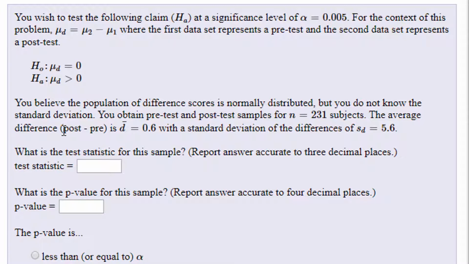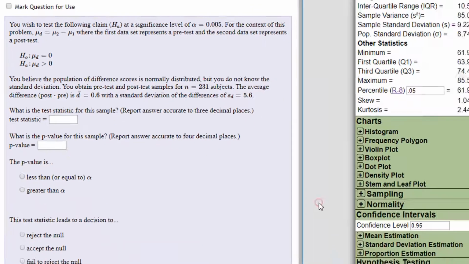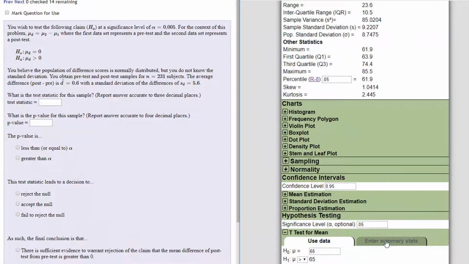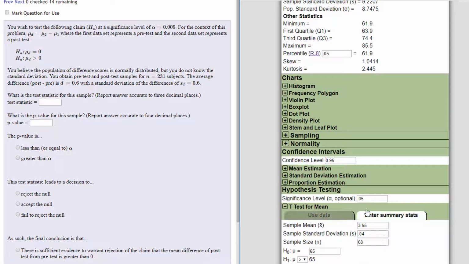So when you're doing inference on these differences, even though you have before and after, we're taking the after minus the before, and that gives us the difference. That's the change. We're really just going to be doing one sample inference on the change. And so I'm going to just do a one sample t-test just like I did before, where I enter the summary stats. So I'm going to go down in here, put in the significance level, 0.005.